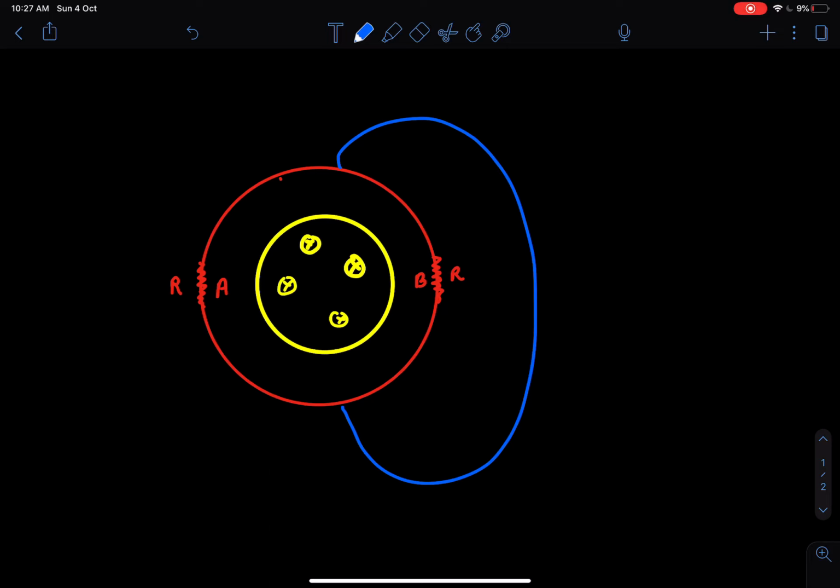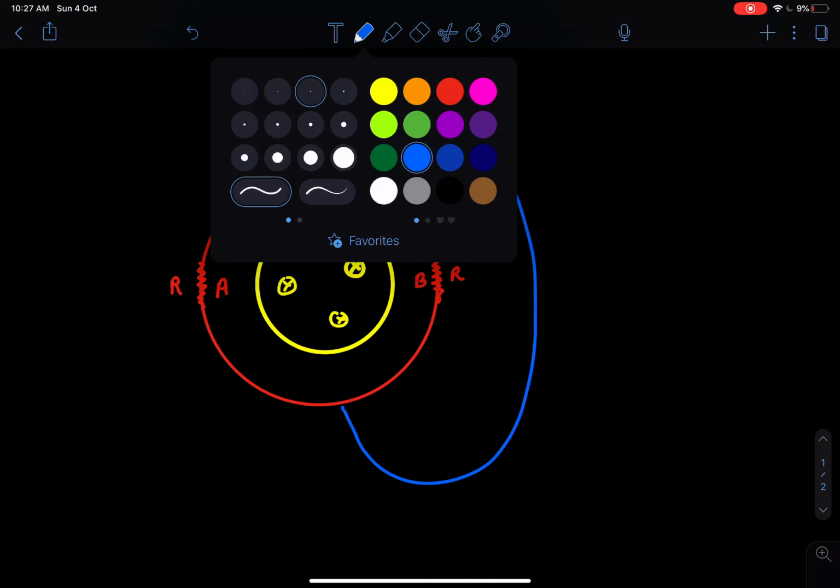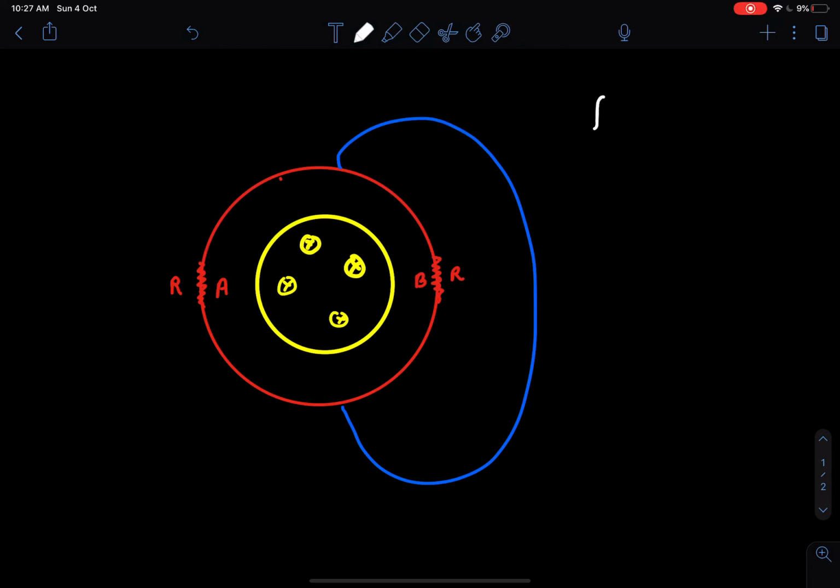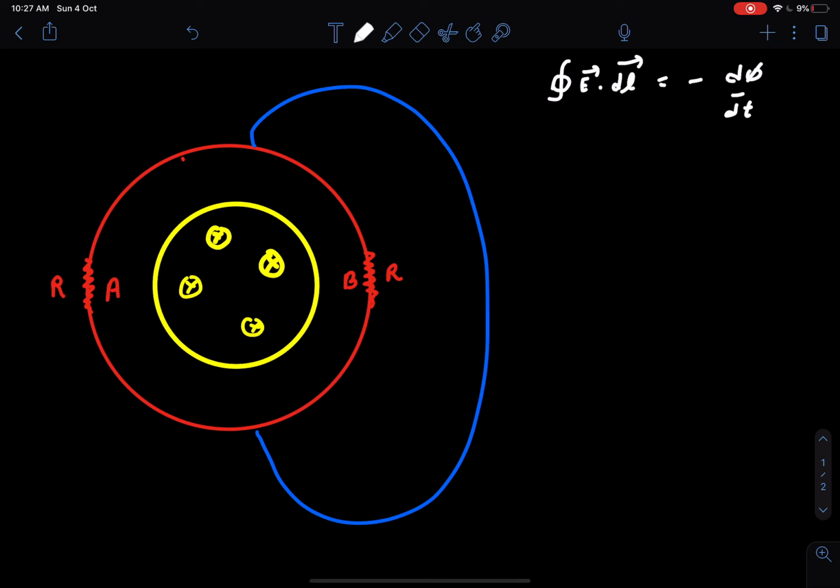The thing is that the shorting wire is of zero resistance. Now let us consider a loop and apply Faraday's law in that. So what is Faraday's law? Integral of E dot dl is equal to minus d phi by dt. Now we will assume some current also.